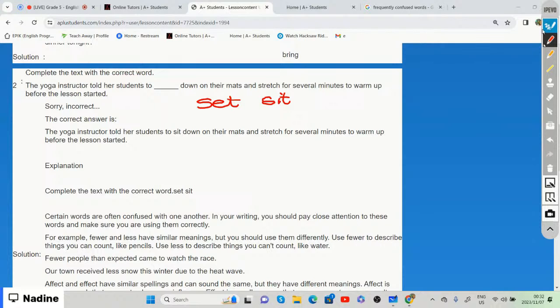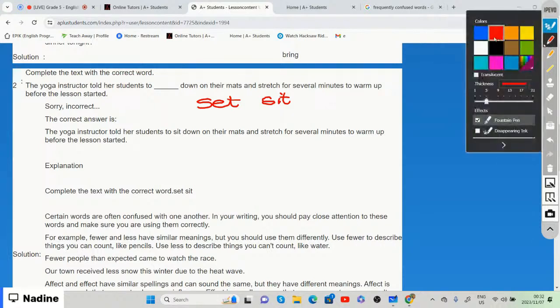All right, so our correct word to use is to sit down. Because, firstly, when we do yoga, we are sitting, right? So, to sit down and not to set down.